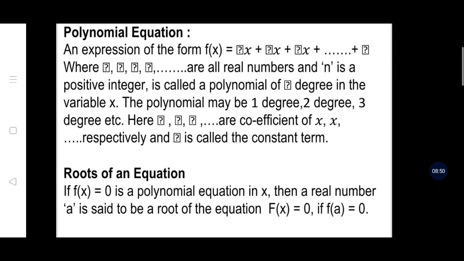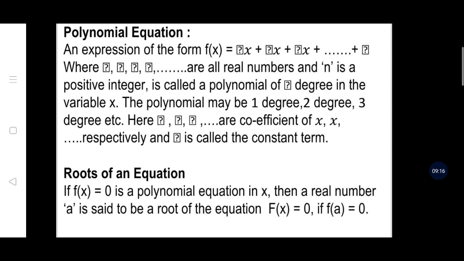Then roots of an equation. If f(x) = 0 is a polynomial equation in x, then a real number a is said to be a root of the equation f(x) = 0 if f(a) = 0.